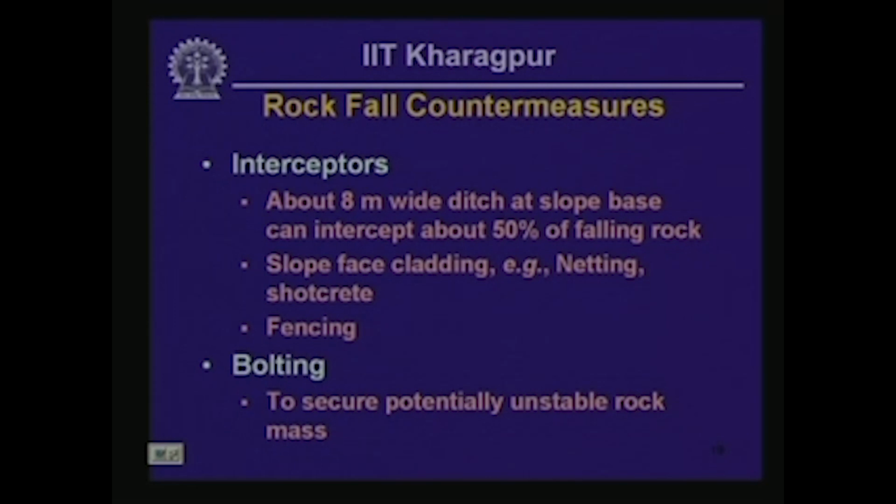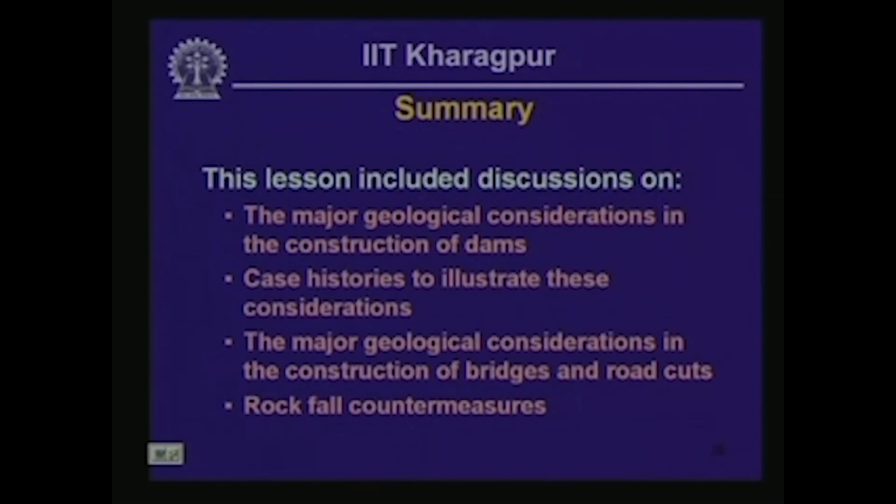We could have cladding on the slope face in the form of metal nets or shotcrete facing, or we could have fencing parallel to the road cut, parallel to the slope. These act as barriers and intercept the falling rock or other debris, or we could install bolting to secure potentially unstable rock mass on the slope face.